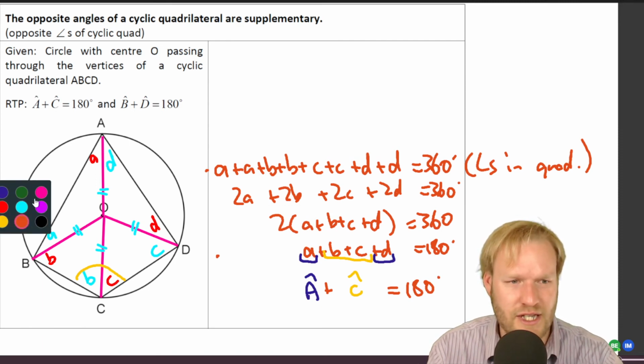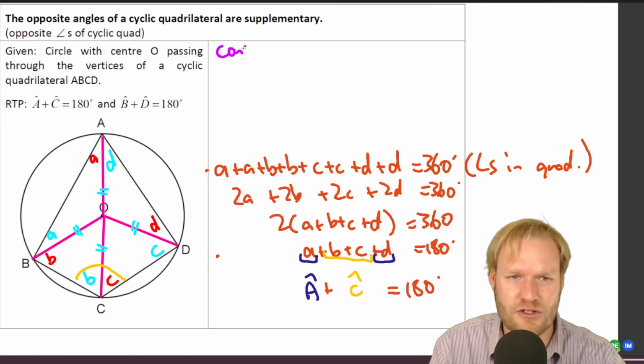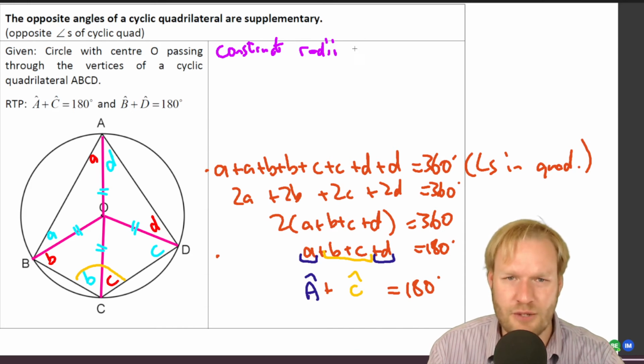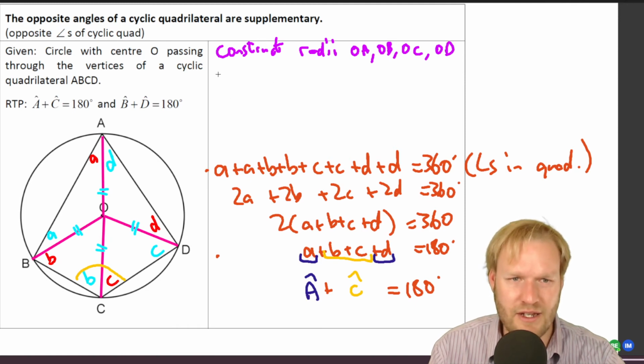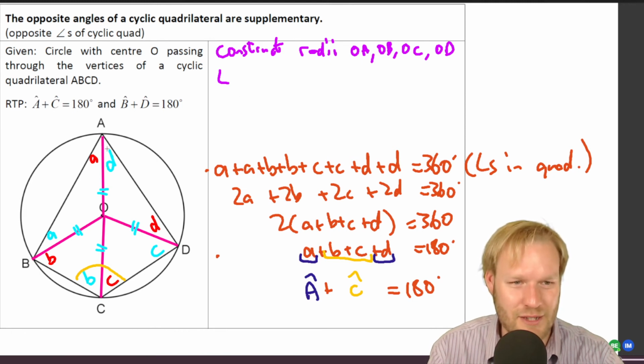And so we just need to capture our thinking before, which is, first off, we constructed, now this time, four radii, all of the options, OA, OB, OC, OD. We let a whole lot of these angles equal things. Now, this I find a bit of a pain to do, but let's just label these maybe 1, 2, 1, 2, 1, 2, 1, 2.